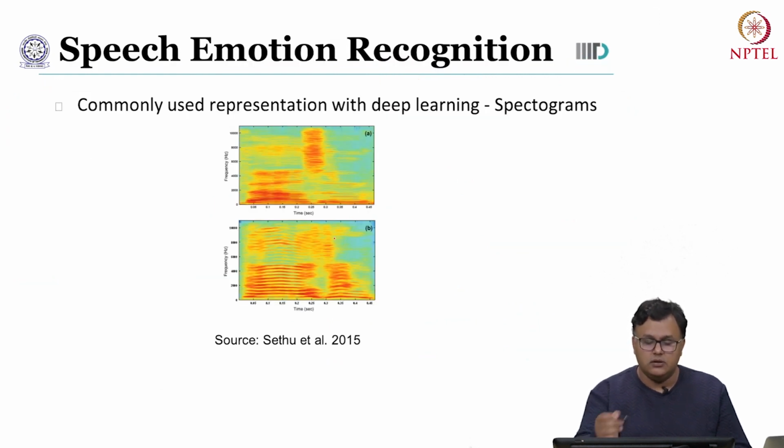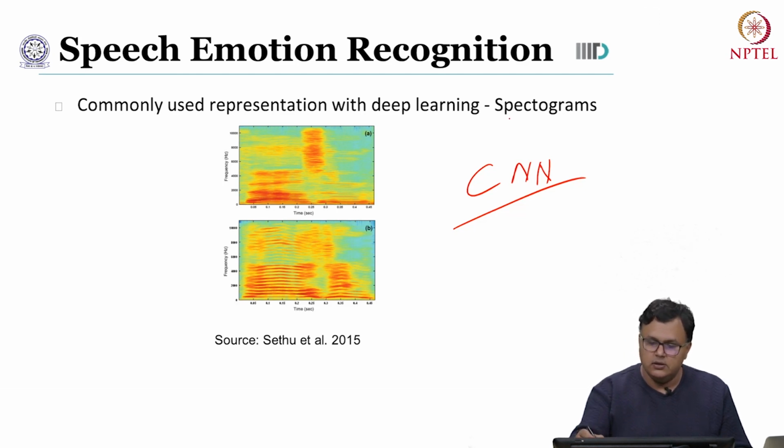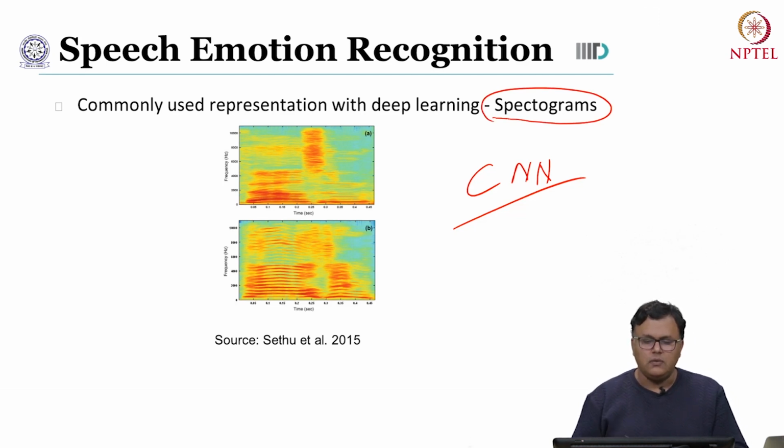Now coming to the feature which I have been talking about, which is commonly used in convolutional neural networks and has been shown to give highly accurate speech-based emotion recognition, is the representation of the audio signal in the form of spectrograms. This is essentially the visualization of the frequency.